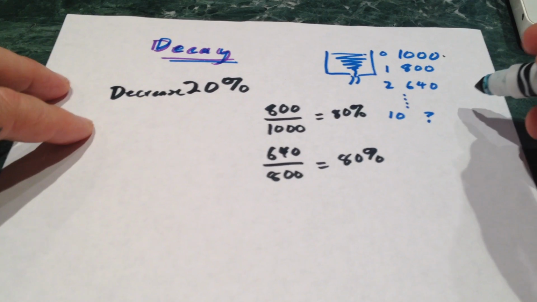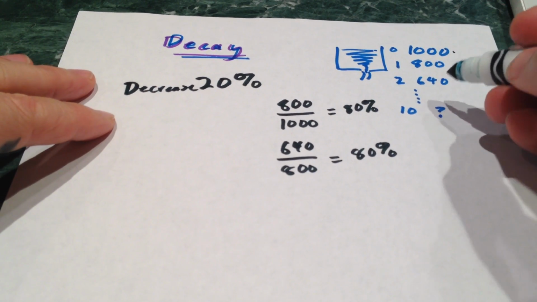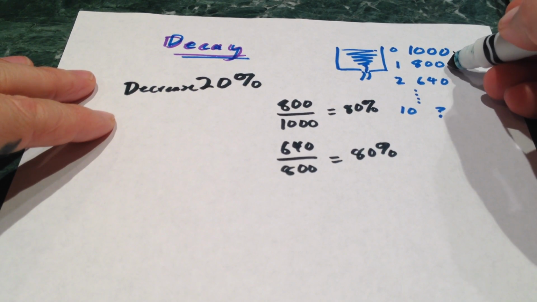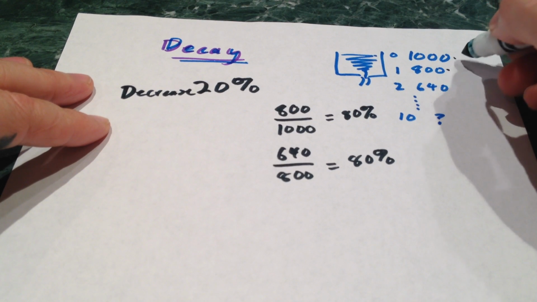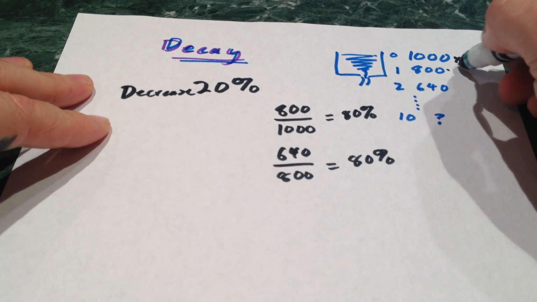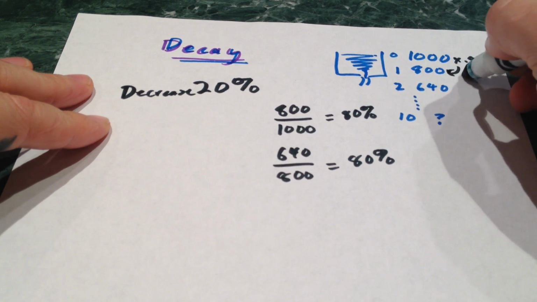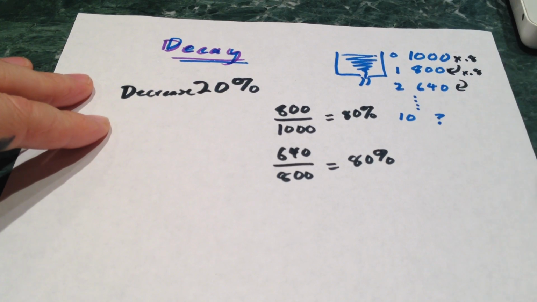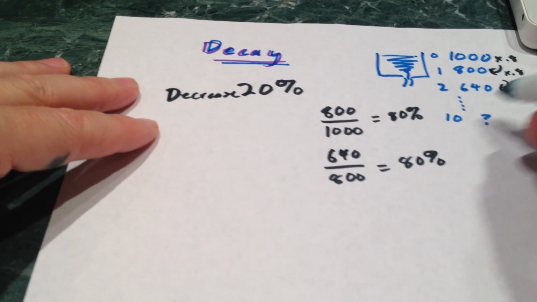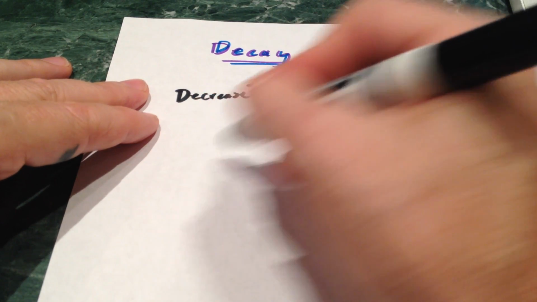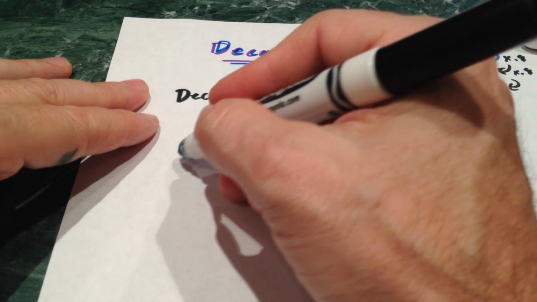Well, the same pattern is happening that I saw before. I'm multiplying times 0.8. I'm multiplying times 0.8. So that times 0.8 is the next one, and that one times 0.8 is the next one. And so essentially the same thing we saw in the last one. The equation here is the number of gallons in the pool.